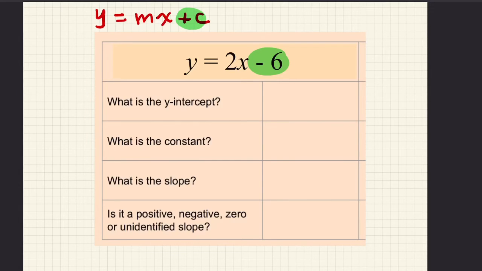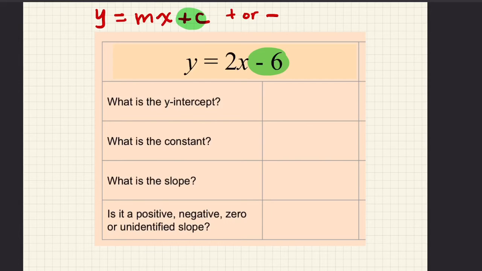Constant is the only value without a variable. In this equation, negative 6 is the only value that does not have a variable next to it. So negative 6 is the constant. The constant can either be positive or negative, as long as it does not have a variable beside it.